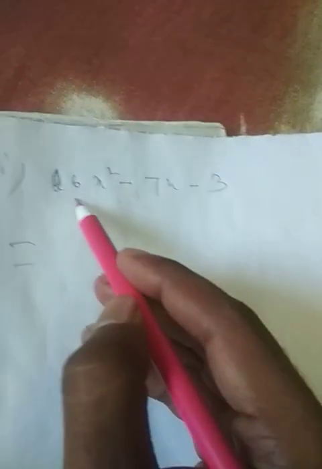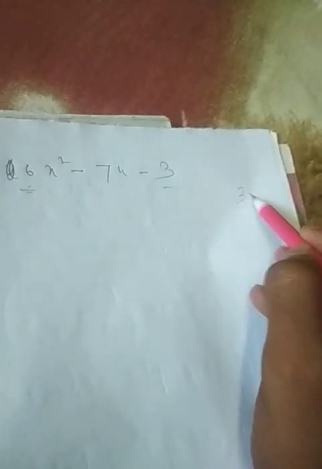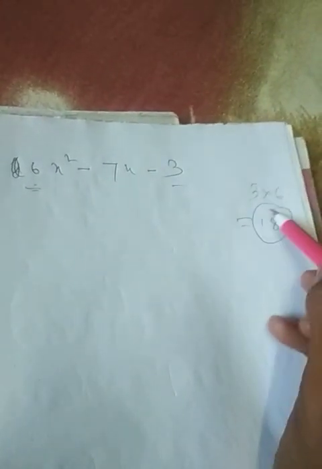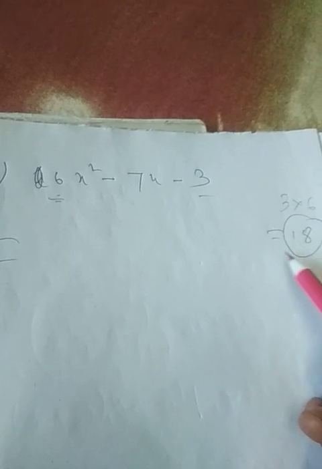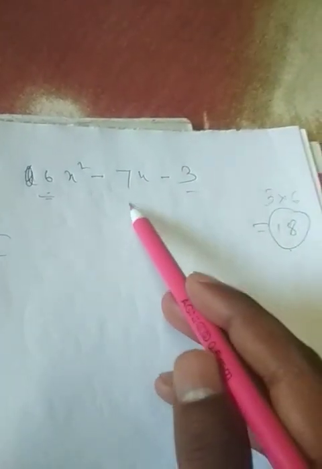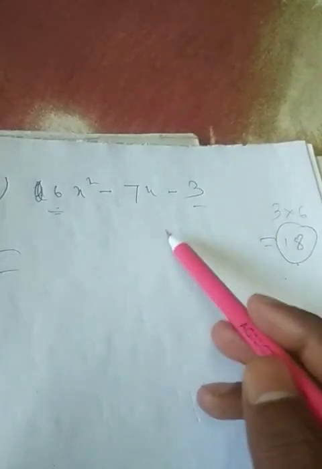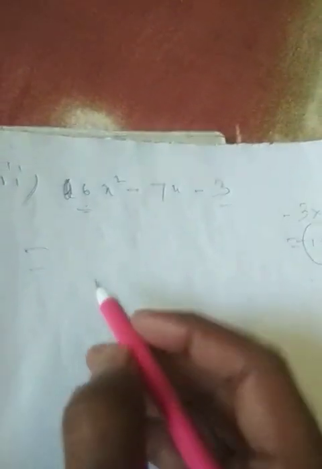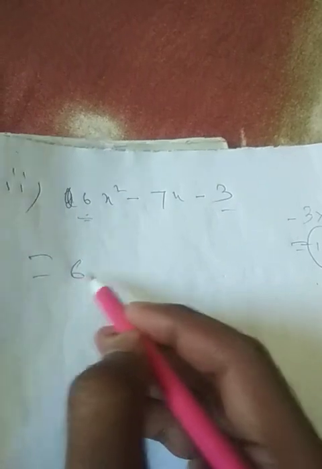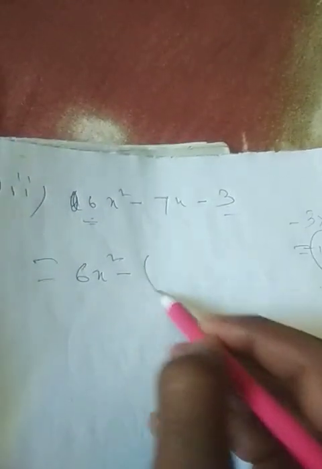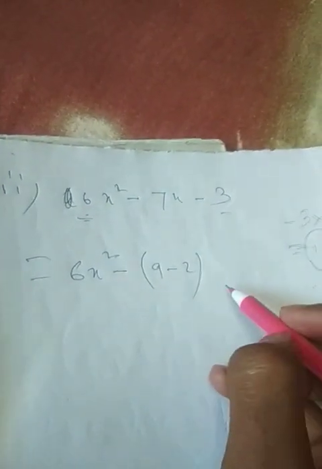Now here constant value is 3 into 6, 18. So you have to break the number 18 like that. If you add them, that is become the middle one, add or subtract, and if you multiply them, that become 18. That is actually minus 3, so if you multiply them, that become minus 18. Nine minus 2.